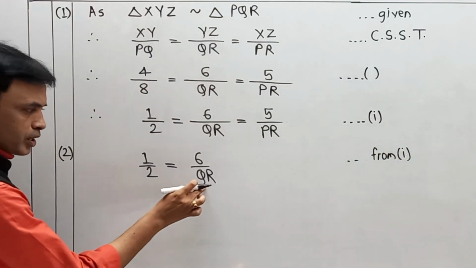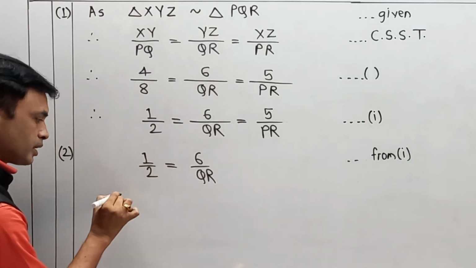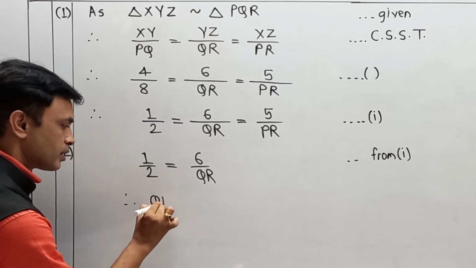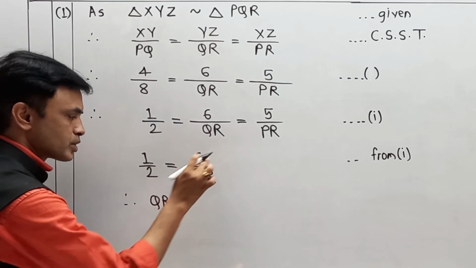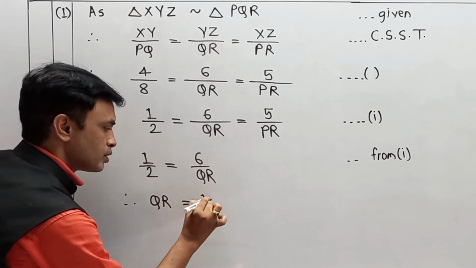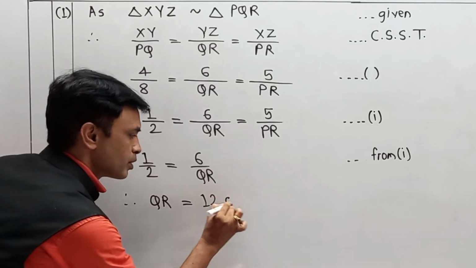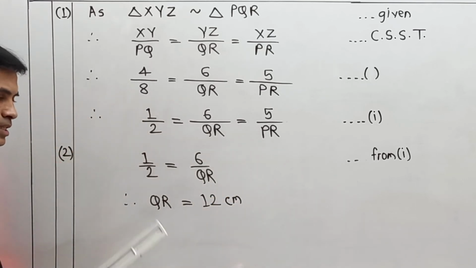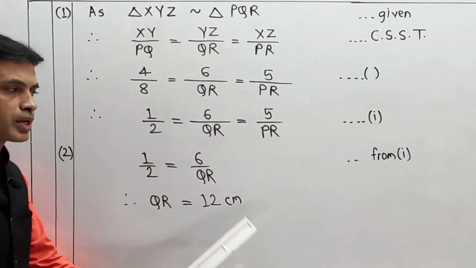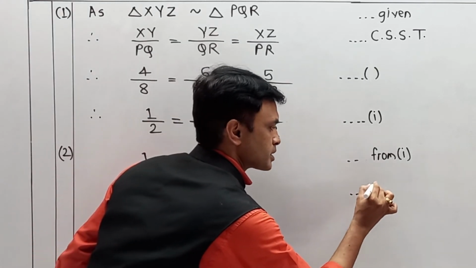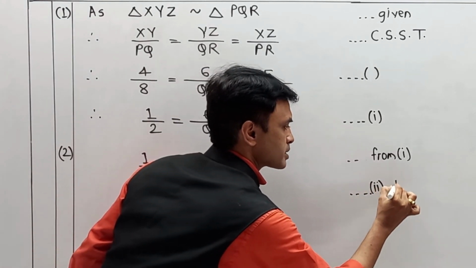Now simply cross multiply: QR into 1 becomes QR, and 2 into 6 is 12. As they have used the unit centimeter, I am going to give it in centimeter. In this way, you get the first answer, QR is 12 centimeter. I am going to call it equation number 2 and write it as the answer.